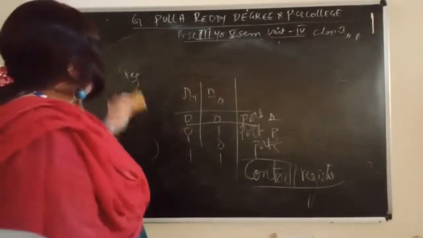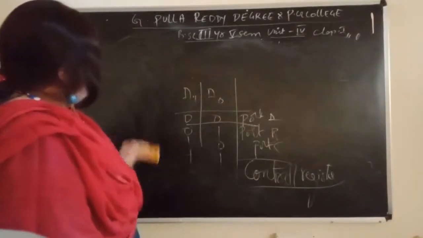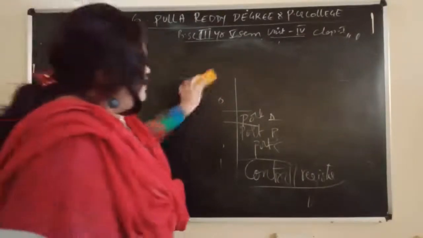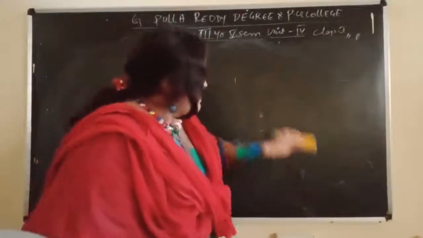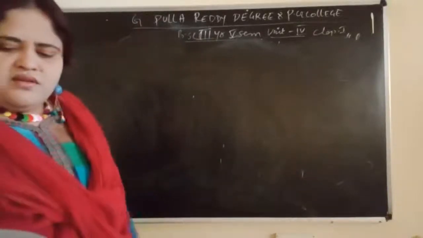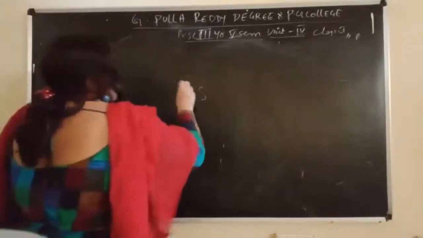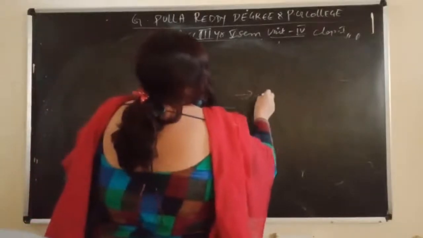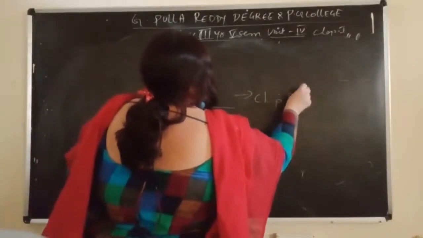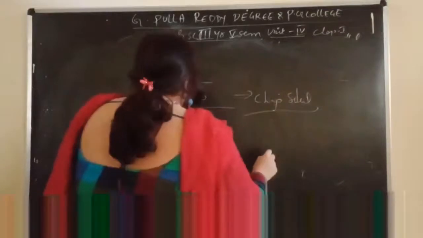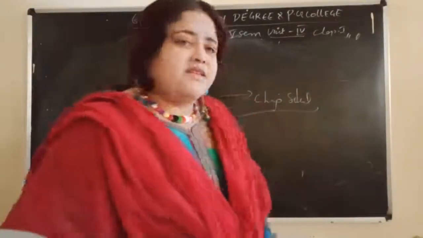Now next, how many pins are remaining? A0, A1 are over. Now the next pin is CS bar, chip select. The chip select pin is active low.